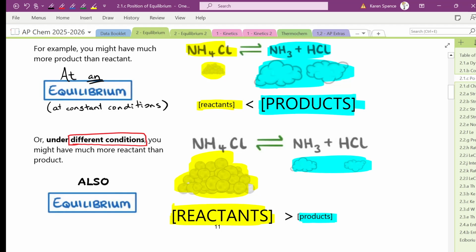And we're going to learn some language around that. Okay, so this is also an equilibrium at different conditions. Same system, different conditions. Maybe it's a bigger container, maybe it's at a different temperature, that kind of thing, okay?